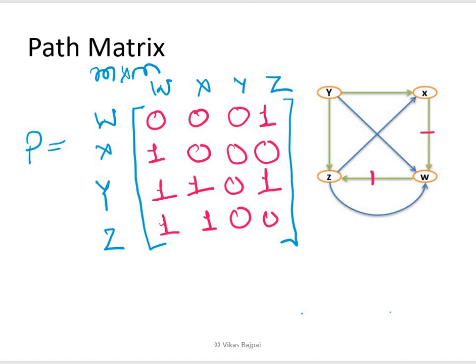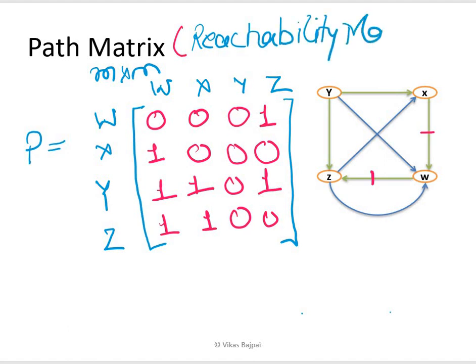In this case, what you observe is that this path matrix is almost equivalent to your adjacency matrix because it's a directed graph. So there is a relationship between your path matrix and your adjacency matrix. This path matrix is also called your reachability matrix, as you'll notice in some of the literature. How can we write this?